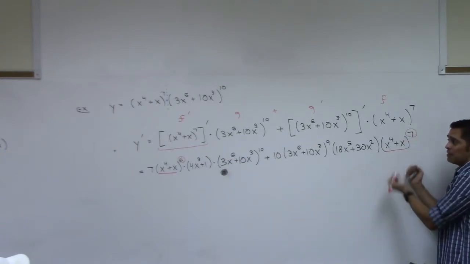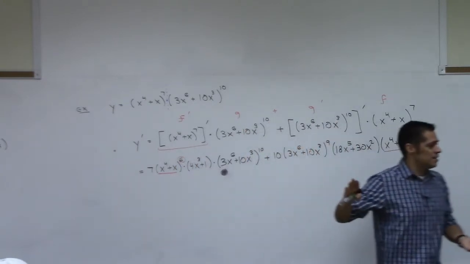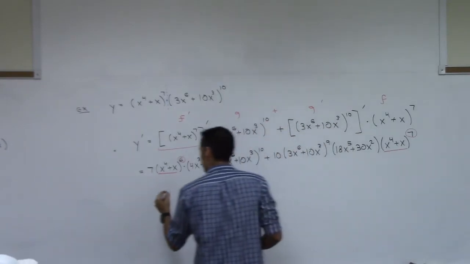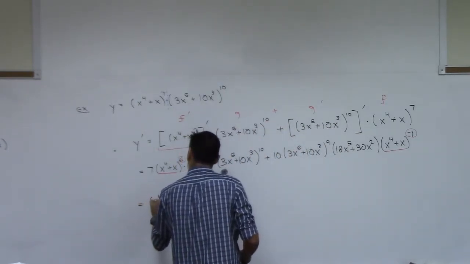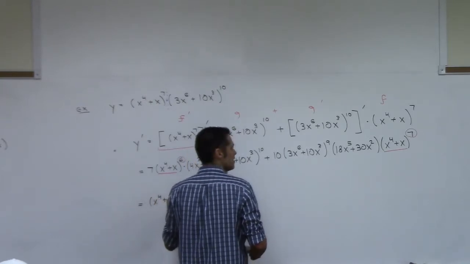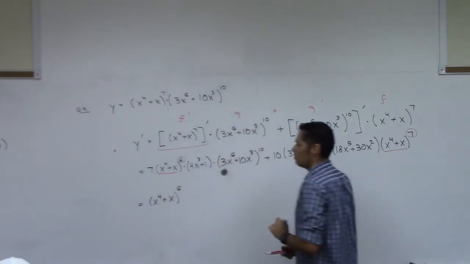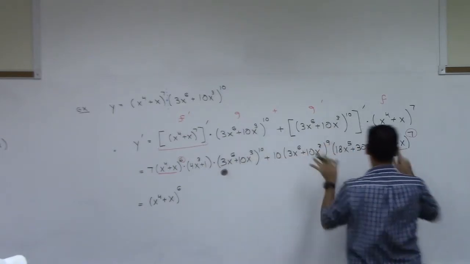So this one has 7 factors of that, and this one has 6 factors of that. So can't I pull out 6 factors? Watch the way I write this. I'm going to pull out x to the 4th plus x. I said I'm going to pull out how many factors? 6. Okay. What else do we have in common in both of these terms? In this and this, what do we have in common?